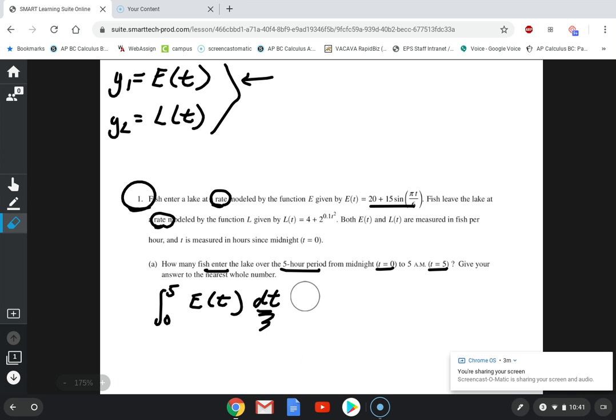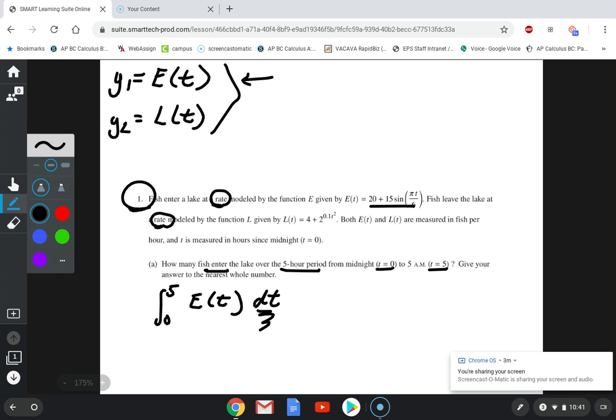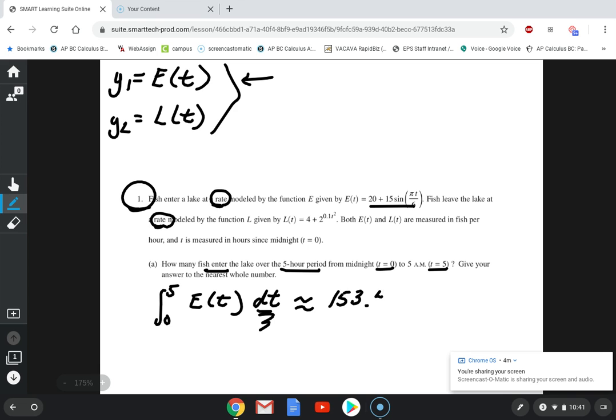So now I'm going to get my answer. My answer is approximately 153.457. Now it's important to go back to the question and see what it was asking. It was asking for the whole number, so I'm going to say 153 fish enter the lake.